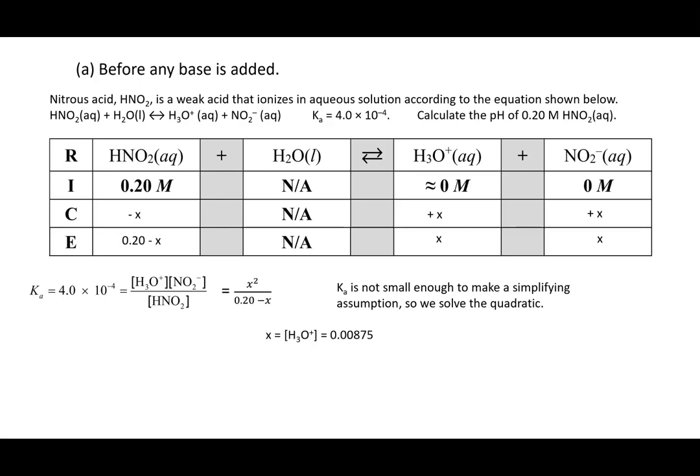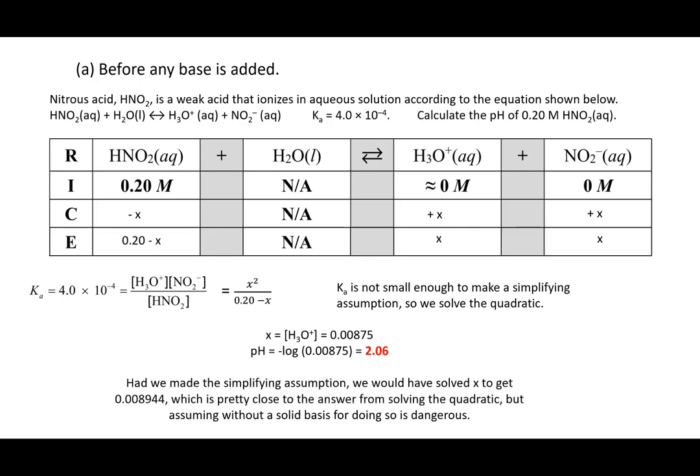When we do that, we get X, which is equal to H3O plus, is 0.00875, and therefore pH, being the negative logarithm of that number, comes out to be 2.06. Definitely acidic, what we expected for a not very dilute solution of HNO2.